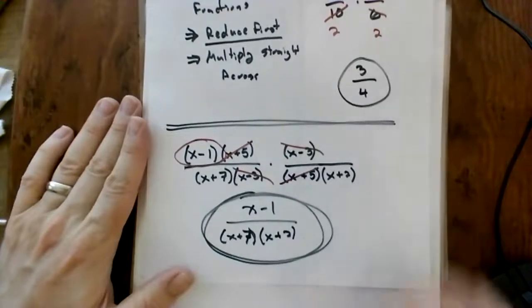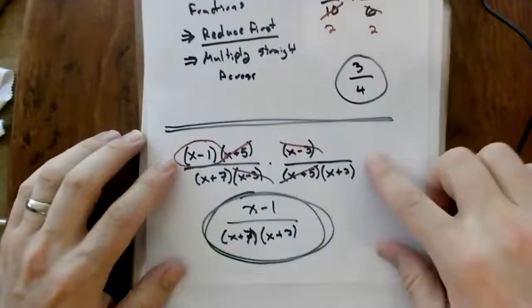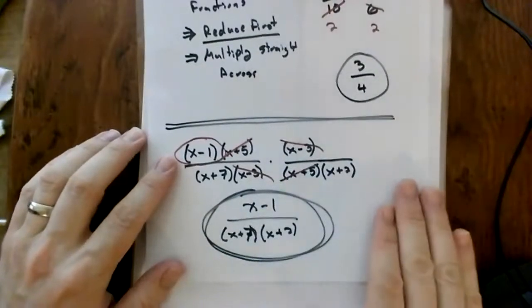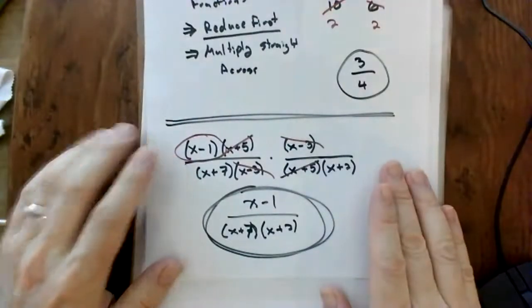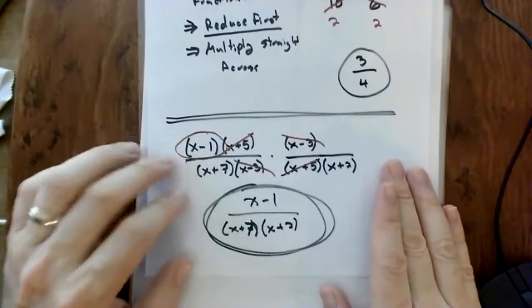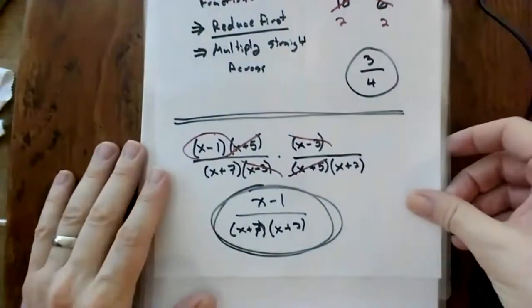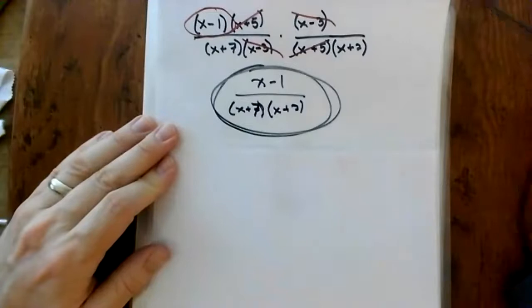Now, in this example, everything that we started with was already factored. We're not always going to have that particular benefit. Sometimes we might have some other work to do before we do this. So ultimately, our new process is going to be this.